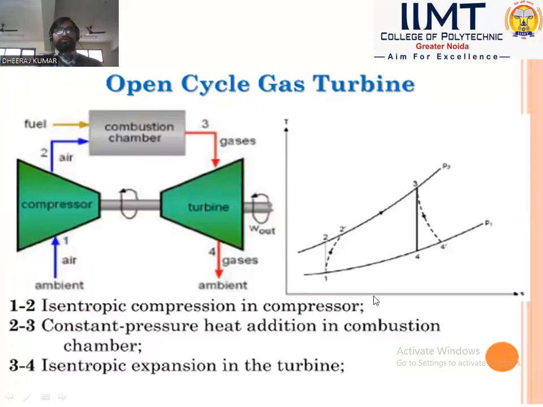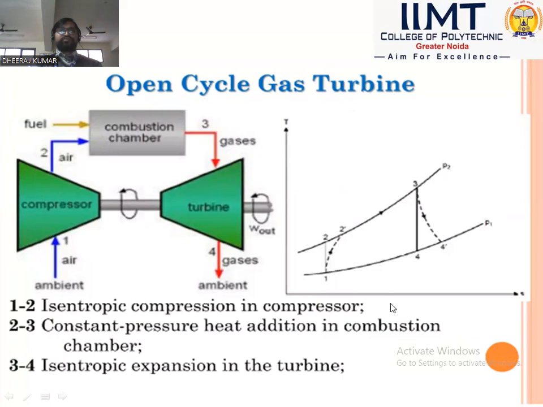If you look at the TS diagram, this process is isentropic compression, then 2 to 3 is constant pressure heat addition, 3 to 4 is a reversible adiabatic expansion process, and 4 to 1 is a constant pressure heat rejection process to the atmosphere.